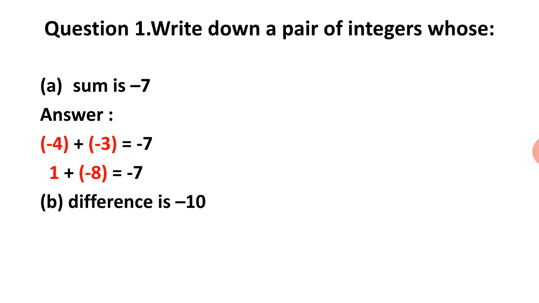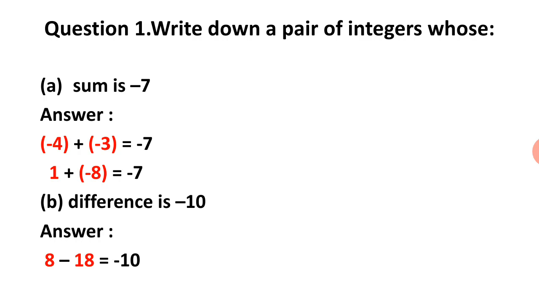Now the second sub question tells you to get two numbers, that is integers, where the difference will be -10. So difference is shown by minus sign with black ink in between, and the answer that is equal to -10 is again shown by black ink.